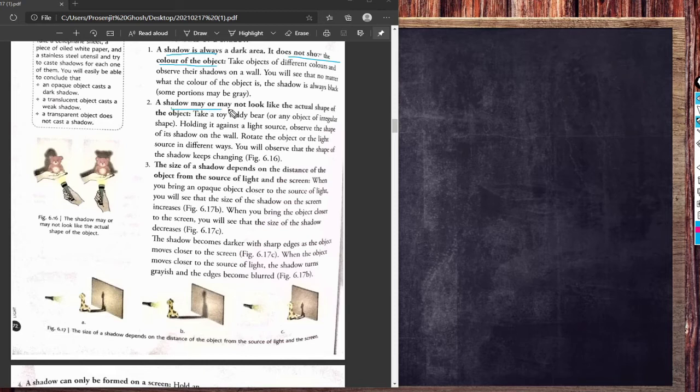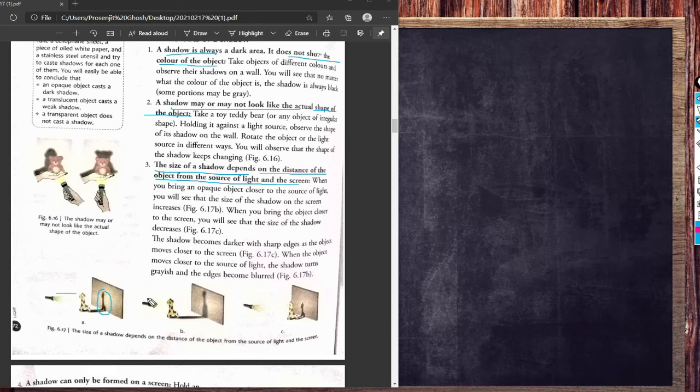A shadow may or may not look like the actual shape of the object. The size of a shadow depends on the distance of the object from the source of light and the screen. If you take the light source at a proper distance, you will find a nearly exact shadow.